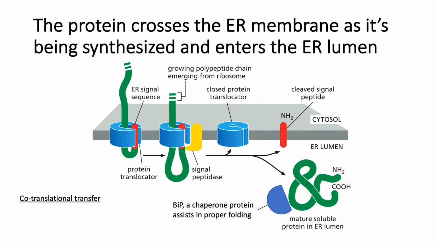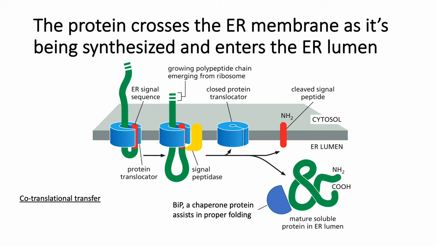And then there's an enzyme called signal peptidase, and that's shown in yellow. It actually cleaves the protein and removes the signal sequence from the protein. Once it's in the ER lumen, it's not needed anymore, so it's cut off.